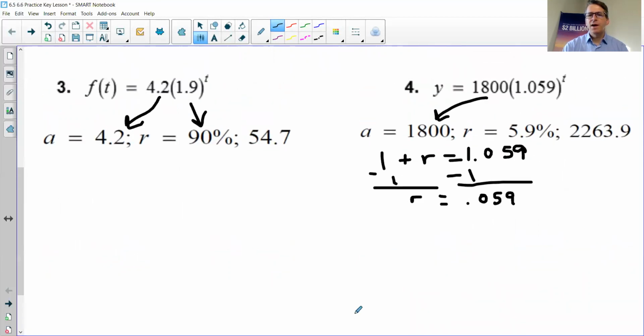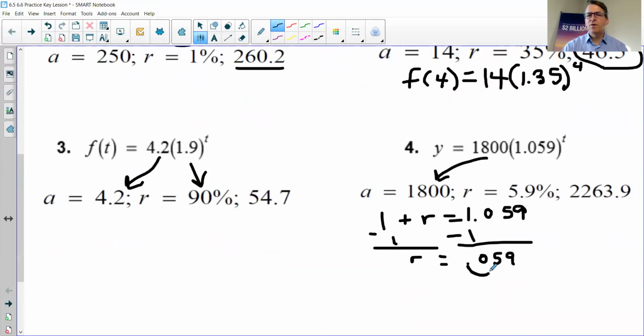We move that over 2 spots to get 5.9%. And lastly, if you evaluated that function at 4, you're going to take 1,800, multiply it times 1.059 raised to the 4th power, and that would be 2,263.9 for number 4.